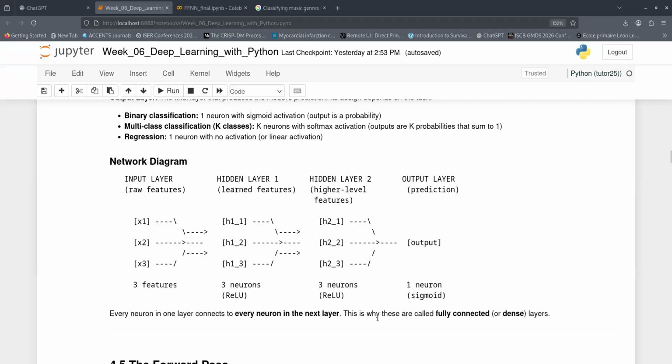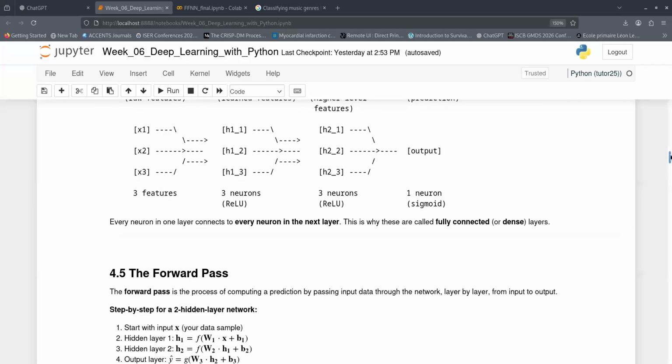This is why these are called fully connected or dense layers. You are going to see FC in the code. Every time you see FC, it means fully connected. Every single neuron is connected to every neuron in the next layer. So you have this complexity, the fully connected layer.